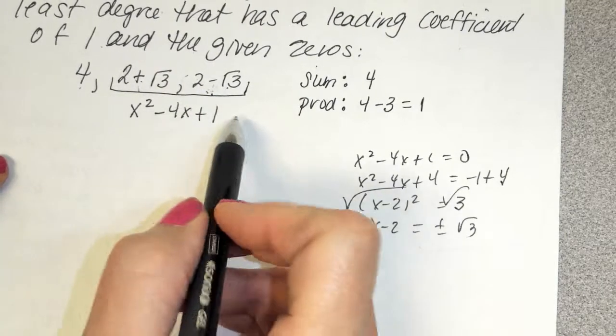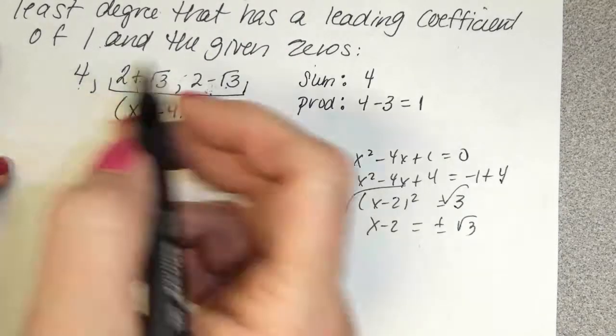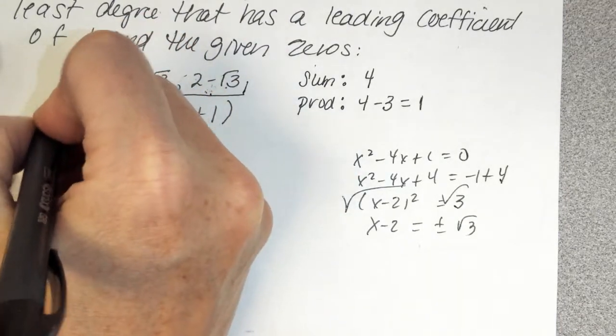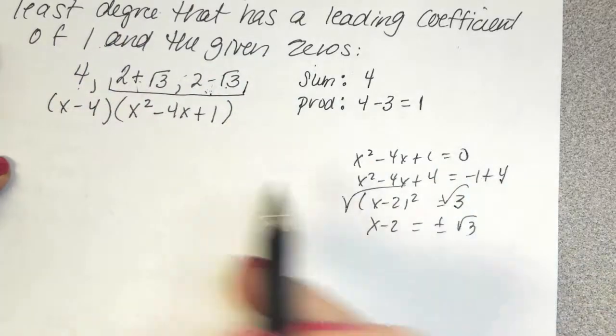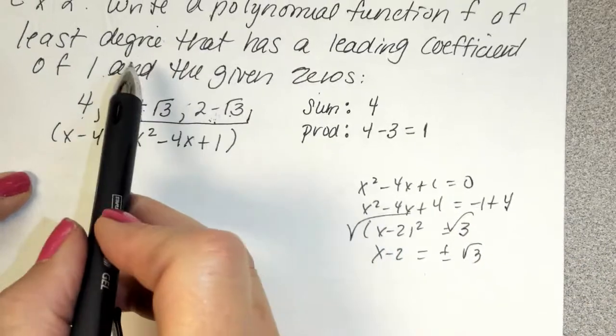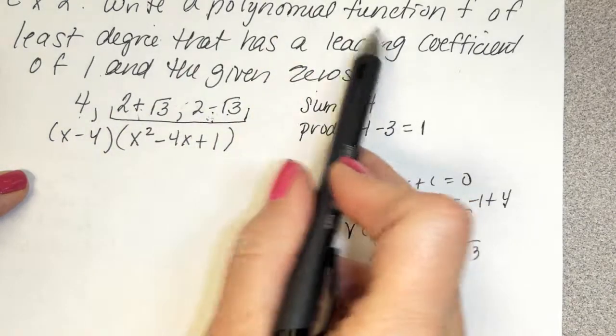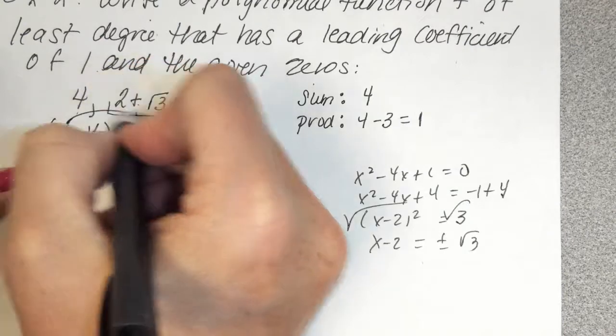Now, so this is one of my factors. What's the factor that would have this for the 0? X minus 4, right? So this would be the factored form of what would give me these zeros. So if I'm looking for the polynomial function, I got to multiply this all out.